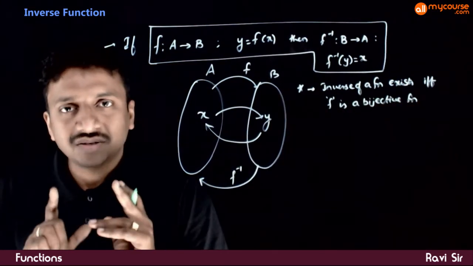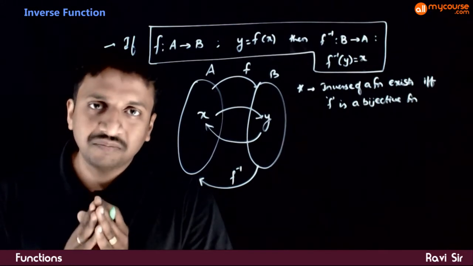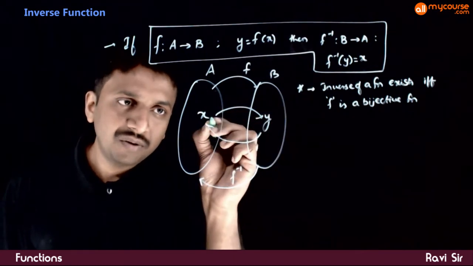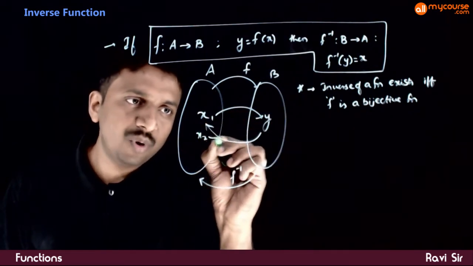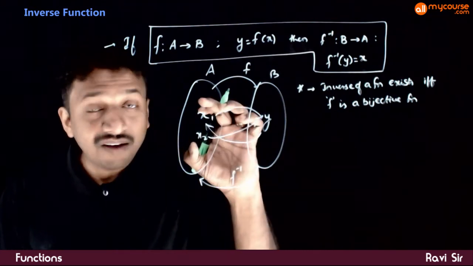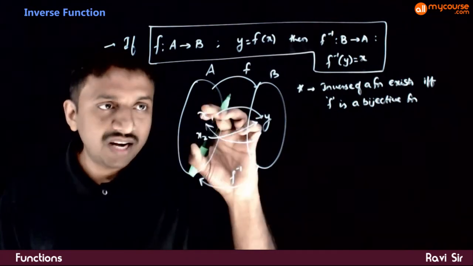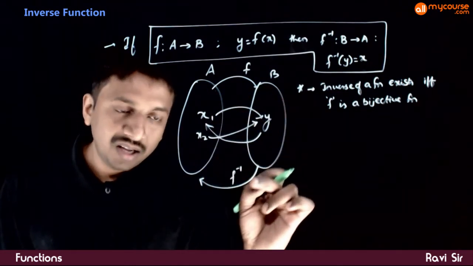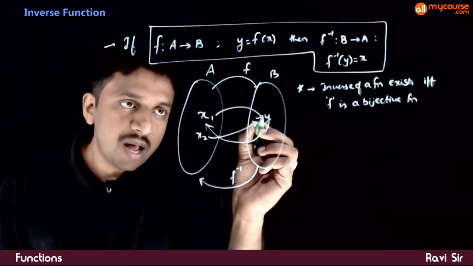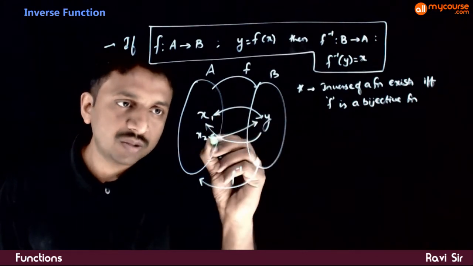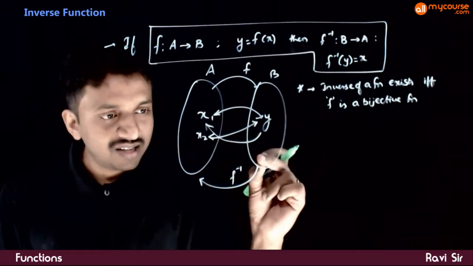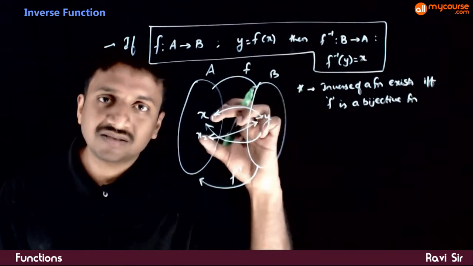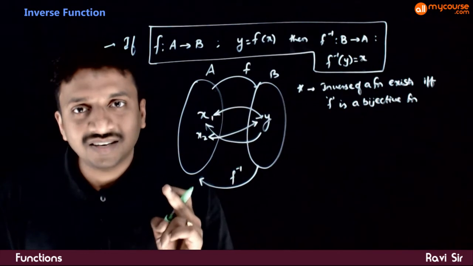So inverse exists only for bijective functions, because here if you have x1 and x2 both related to y, if f is not a 1-1 function, if there are two different elements which are related to only one element here, then if you go to the inverse function, y will be mapped back both to x1 and x2. That is, with respect to the inverse function, an element y has two images, which makes it non-functional.